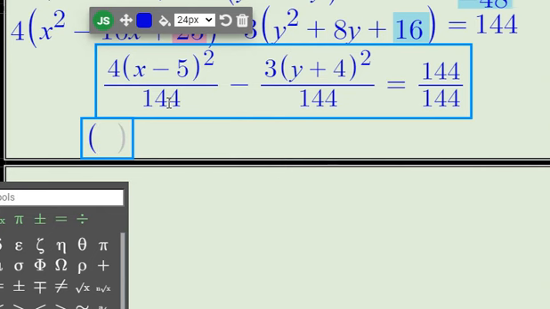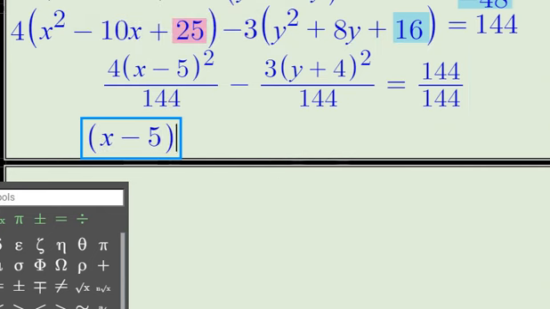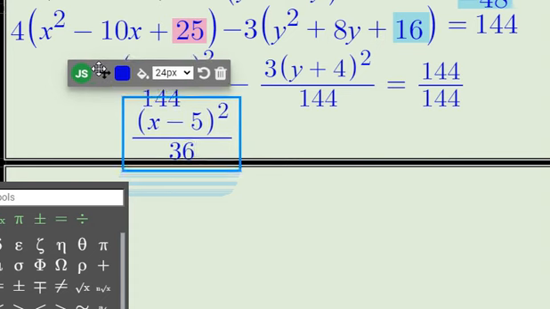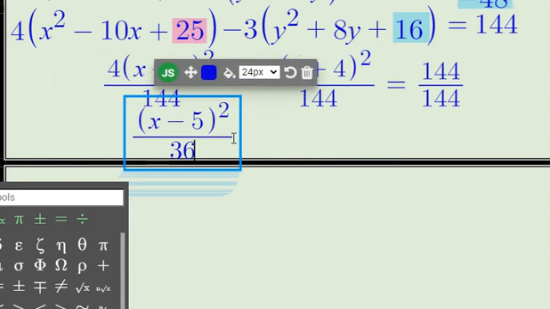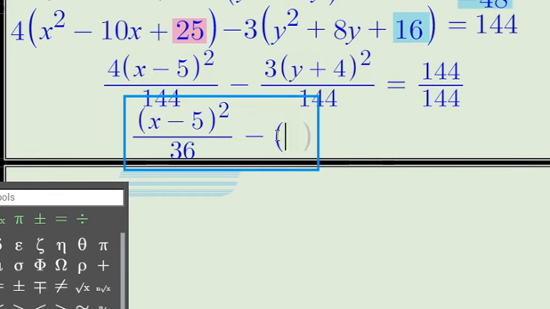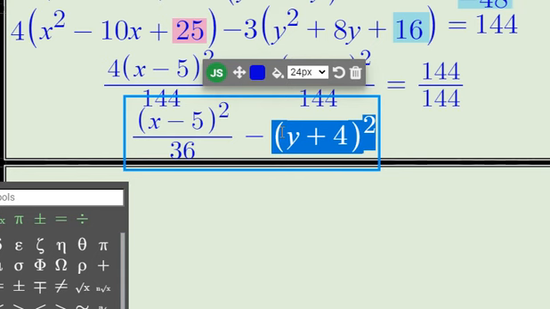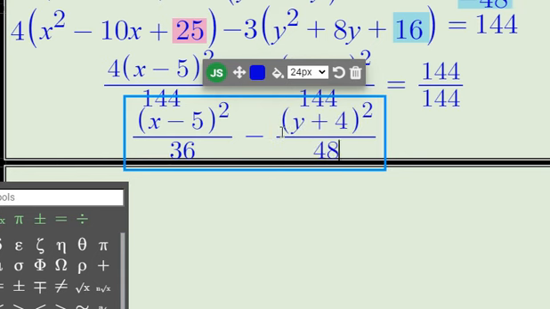So I have the quantity x minus 5 squared over 36, minus y plus 4 quantity squared over 48, equals 1.